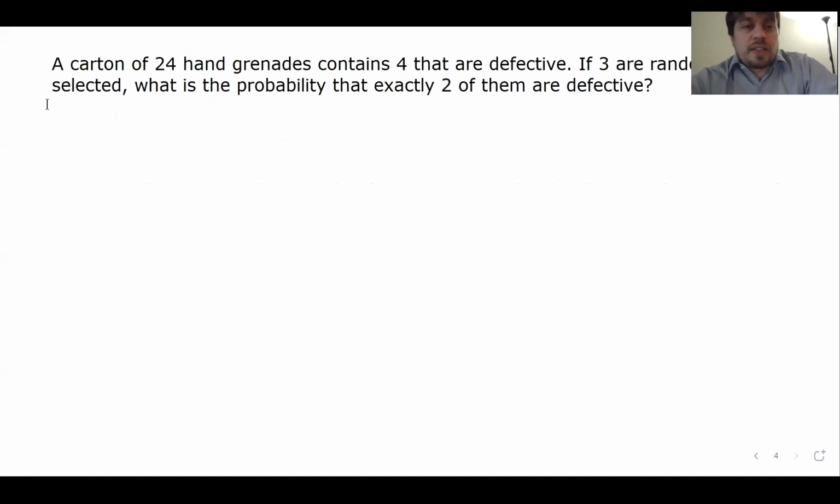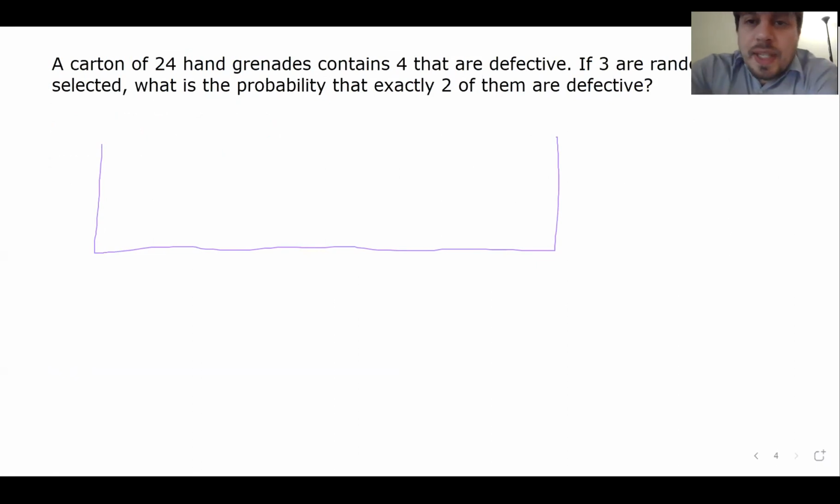Okay, so if we have a carton of 24 hand grenades. I might think of a carton as white, but you won't be able to see white, so I'm going to choose pink. Okay, so a carton is a box. You have 24 hand grenades. Let's choose red for hand grenade.